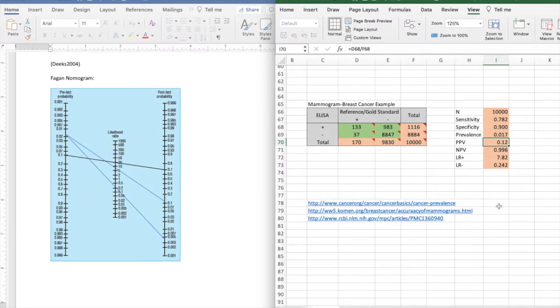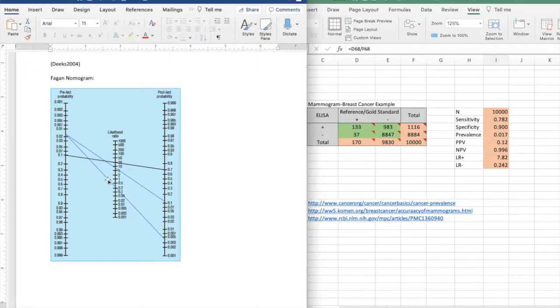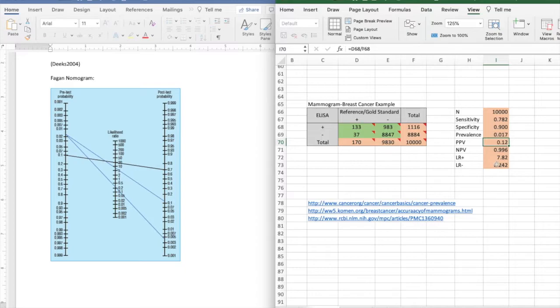So what do you do with that? Well, I want to show you something really cool. If you got a second test, you would now have a new prior. You tested positive the first time. Now your prior becomes 0.12.